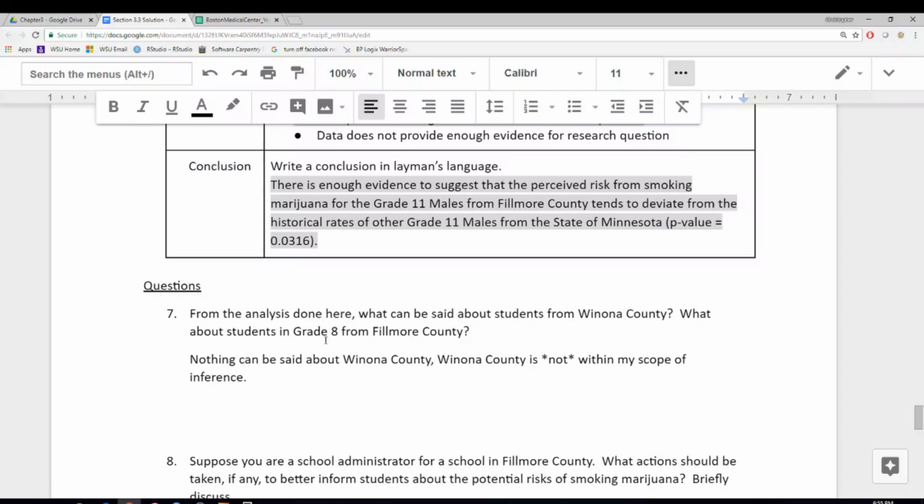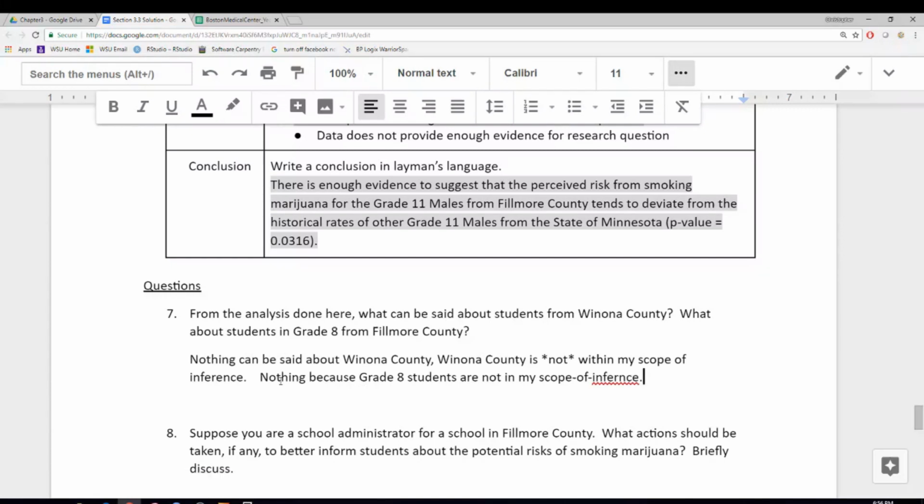What can be said about grade 8 students from Fillmore County? Again, nothing, because grade 8 students are not in my scope of inference. So who is in your scope of inference here? Well, it is grade 11 males from Fillmore County.